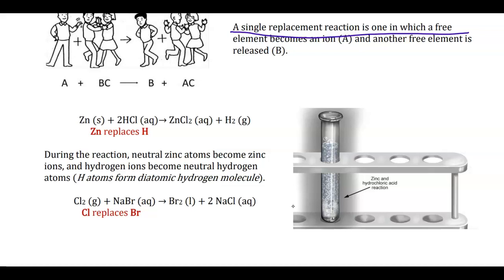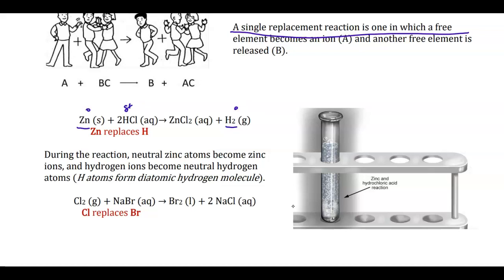And during this reaction, neutral zinc, because it's an atom, becomes zinc ions, right? And hydrogen here is neutral hydrogen because it's a non-polar molecule, no charges at all, and here it is partially positive, right?